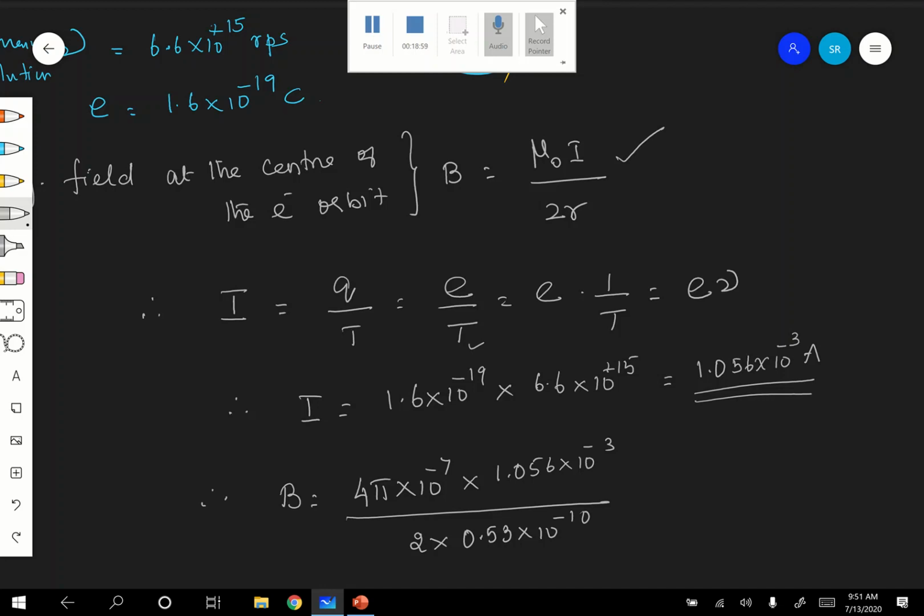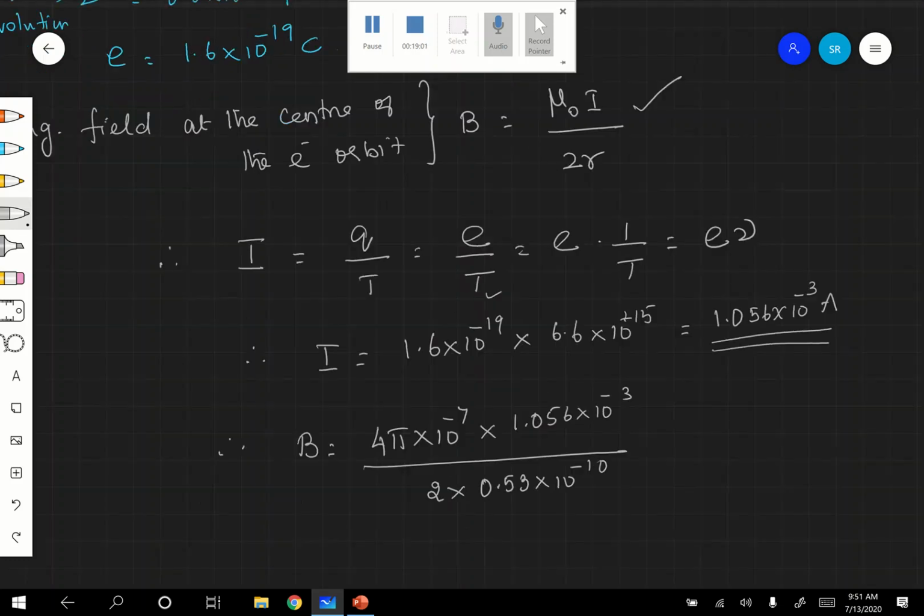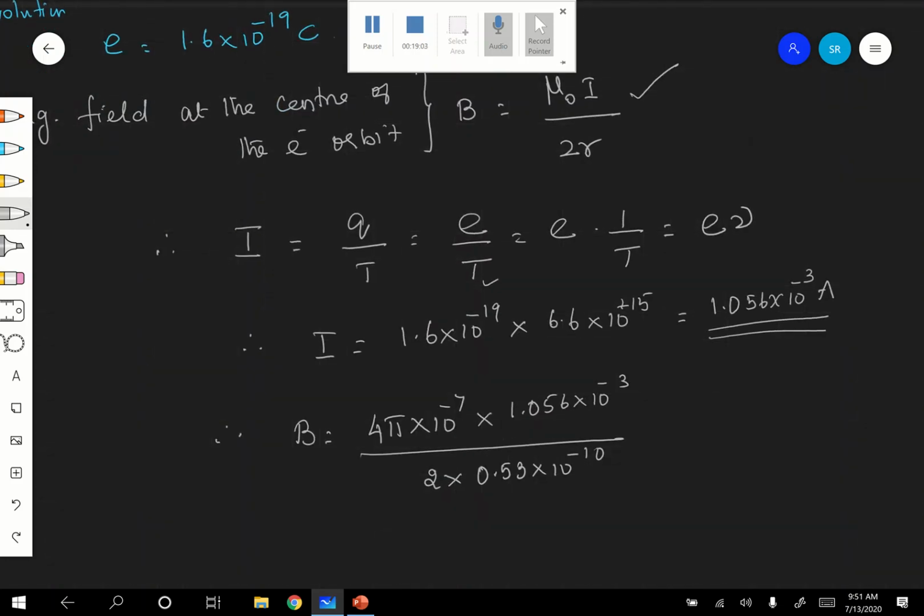Is it clear, children? Okay, on solving, you solve by yourself. Therefore B, if you solve, the answer you will get is 12.5 Tesla.